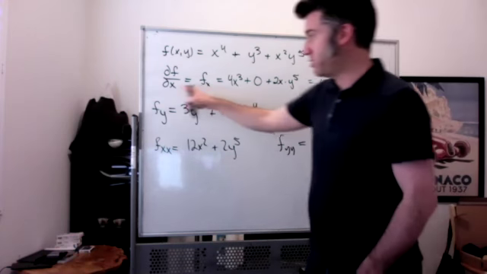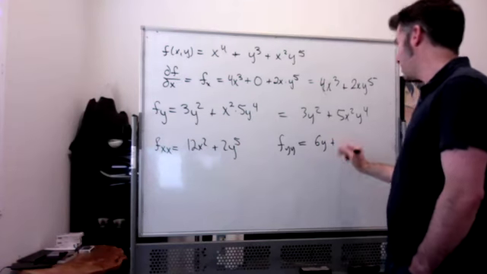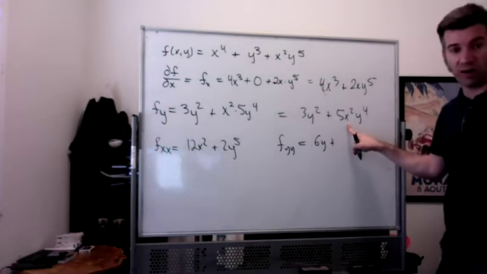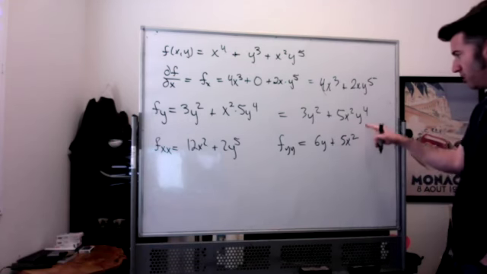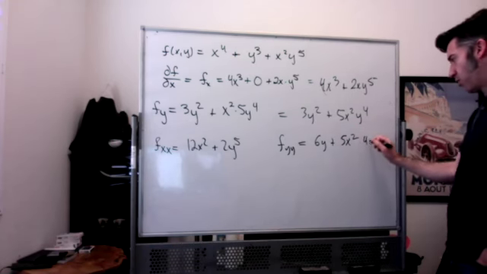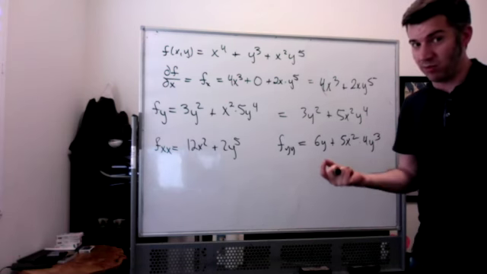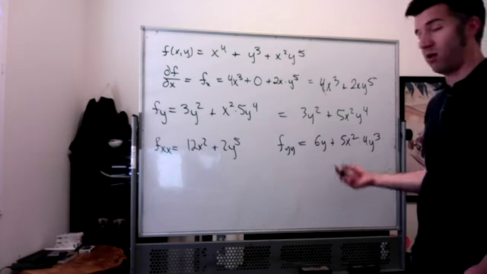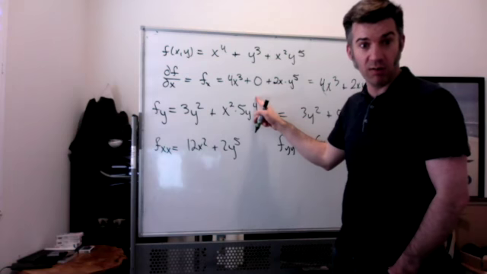So the partial of this with respect to y is going to be 6y plus the 5x squared is a constant that hangs around. The derivative of y to the 4th is 4y cubed. So constant multiples, just like with regular stuff, stick around. Constants on their own get annihilated. Their derivative is 0.